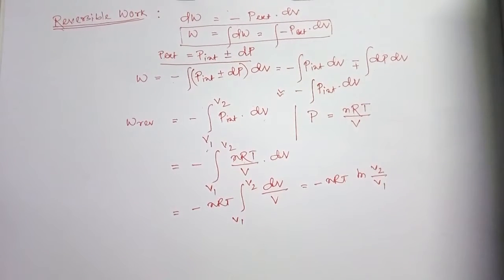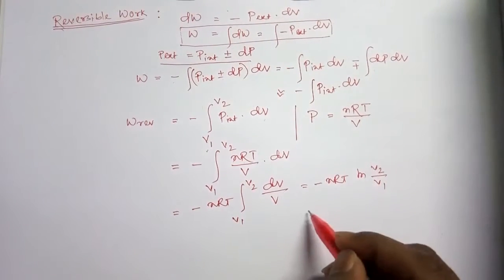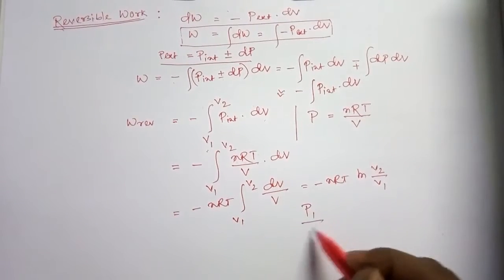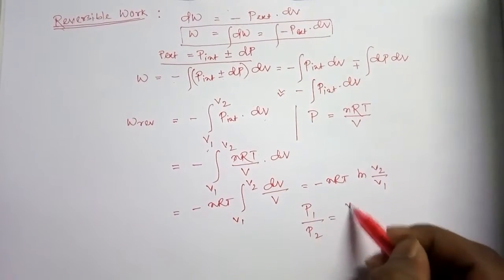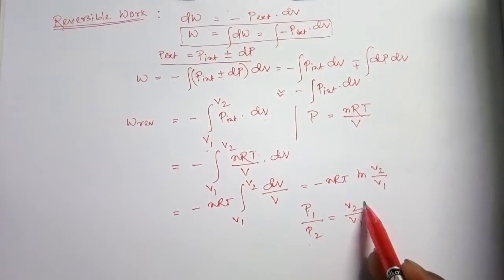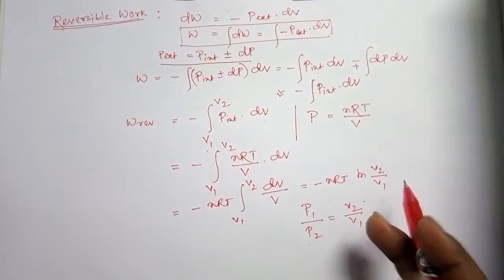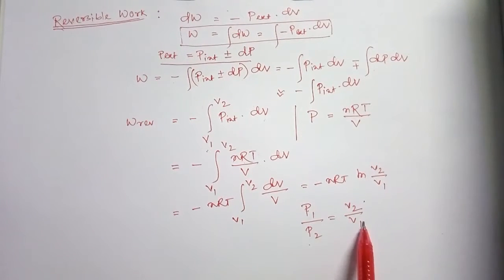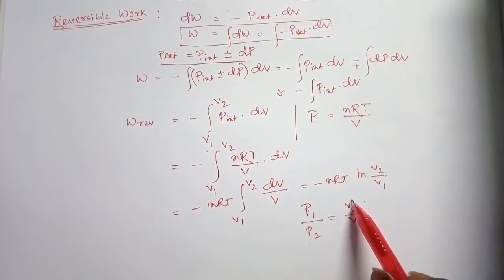right? And we know that for isothermal condition P1 by P2 equal to V2 by V1, because P1 V1 equal to P2 V2. At isothermal condition T is constant, that means RT is constant, then P1 V1 equal to RT and P2 V2 equal to also RT.